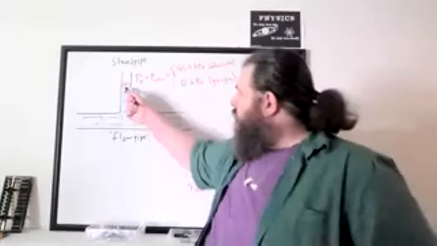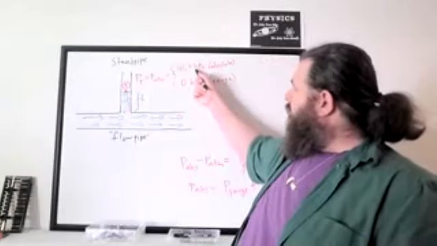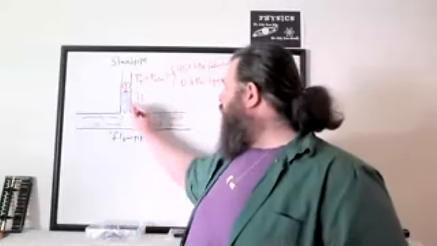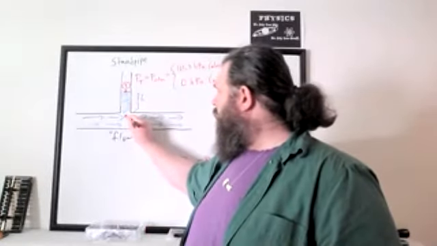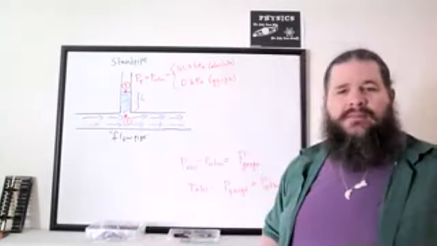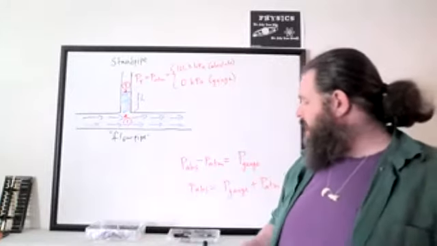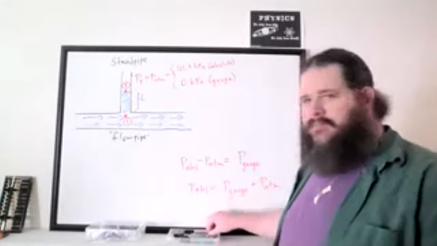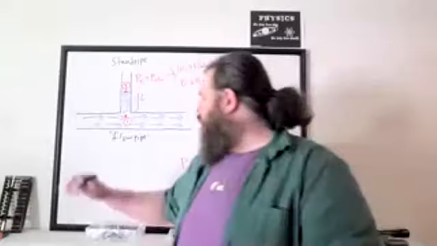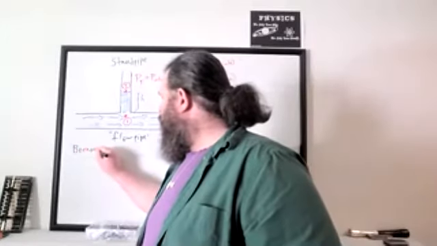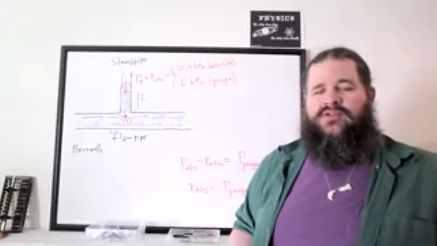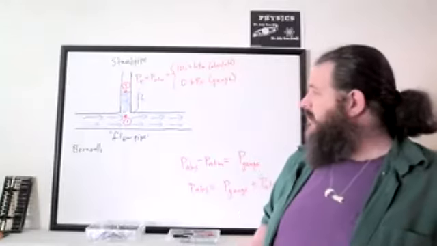But let's compare this point on the top, which we could call 1 atmosphere of pressure as an absolute pressure, or we could call it 0 as a gauge pressure. Let's compare that to the bottom. Let's call this point 1. If we're comparing point T and point 1 using a Bernoulli equation, we could subtract, for all the deltas, T minus 1, or we could subtract 1 minus T. It doesn't really matter as long as we're consistent about it.